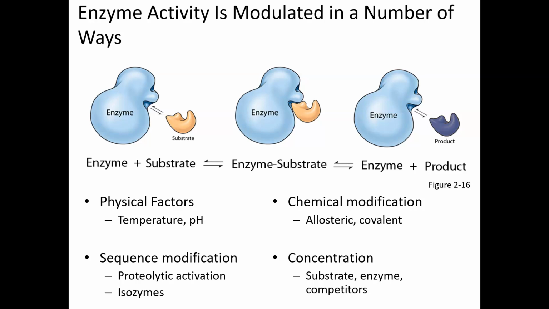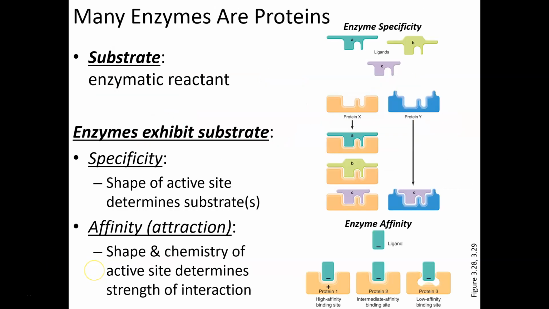So if we increase the substrate, we increase the activity as long as we haven't reached saturation. If we increase the enzyme, we provide more binding sites, so that should increase the reaction rate. And we can decrease things by competitors. For example, a competitive inhibitor would block the active site and prevent the enzyme from working. So let's go through those in a little more detail.